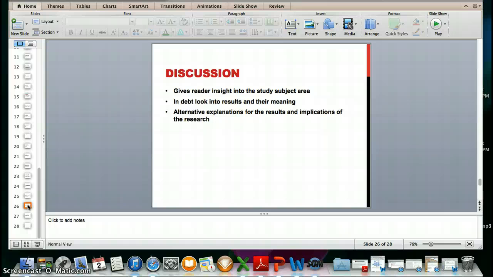This is the section of a study that gives the reader some insight into the study subject area and can shed new light on the results and their meaning. You will also see alternative explanations for the results, and the implications of the research could also be presented. When you're looking at research, you generally tend to think of alternate explanations in the back of your mind, because most of the time there are.